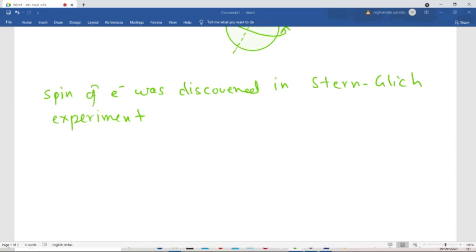This is the direction of curling, so it is coming towards you. But if I am curling like this, it is coming towards me. This is one of the rules. I forgot the name of the rule. Yeah, Fleming's rule.